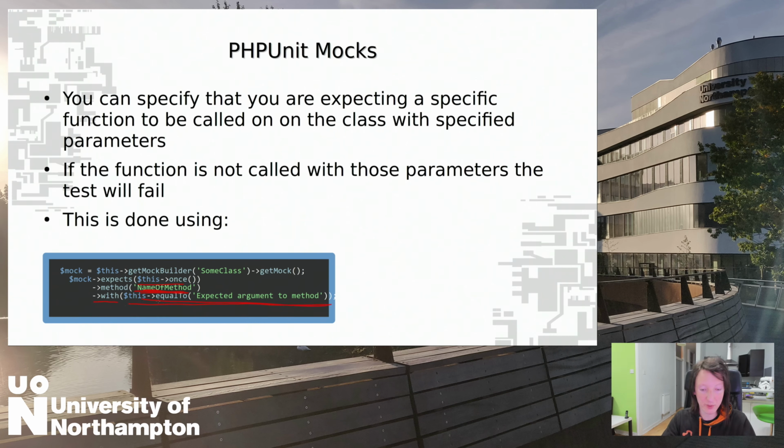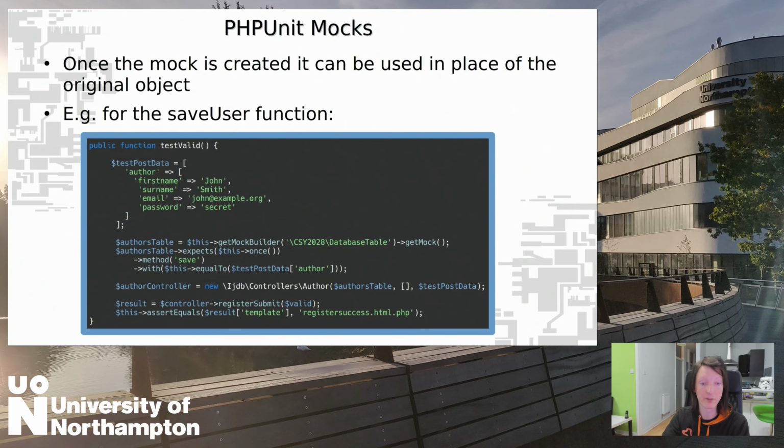And it probably makes more sense if I show you the mock version of the function we've been looking at before. So if we wanted to create a mock version of the database table class, we create our mock version of authors table using the mock builder. That would then create a mock object in this authors table variable.